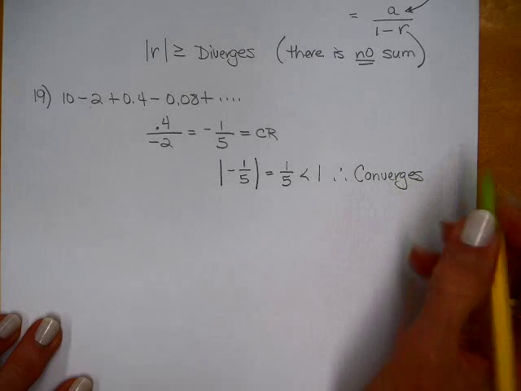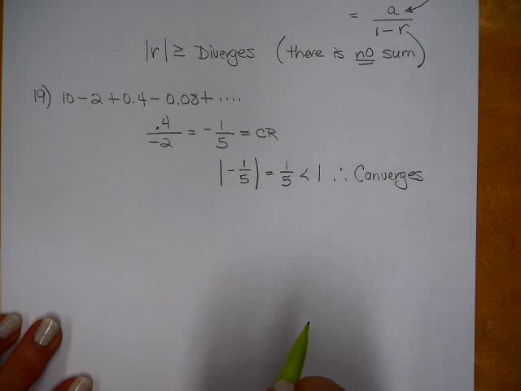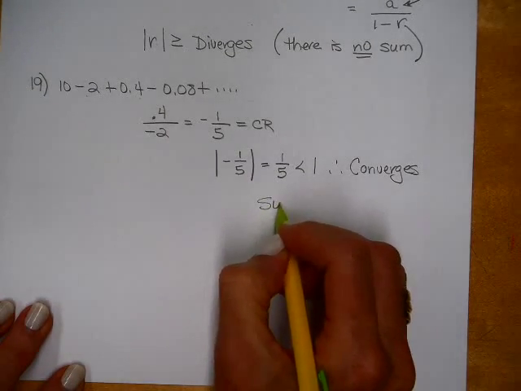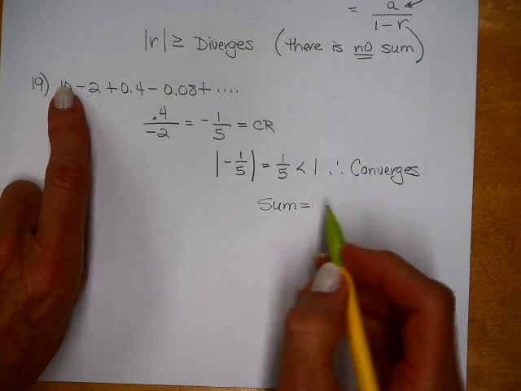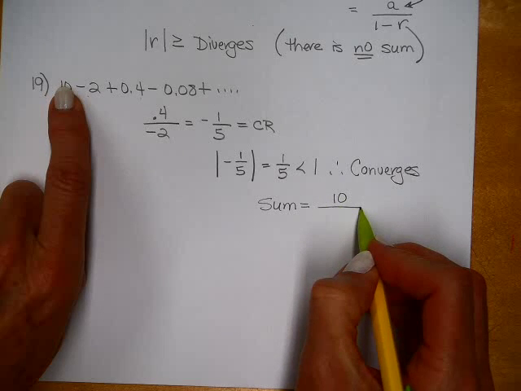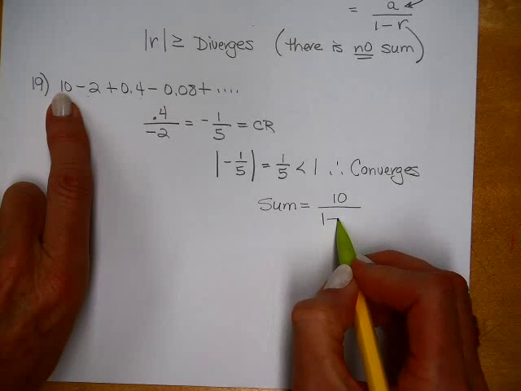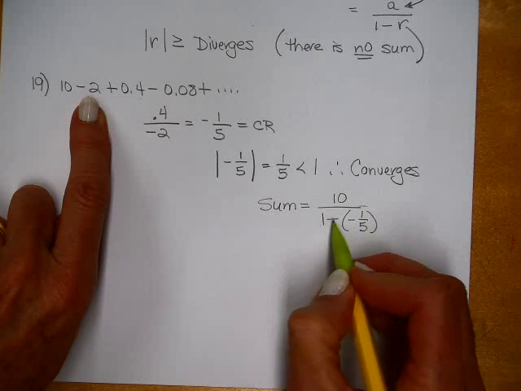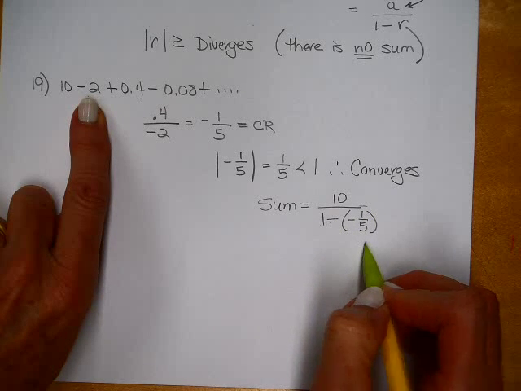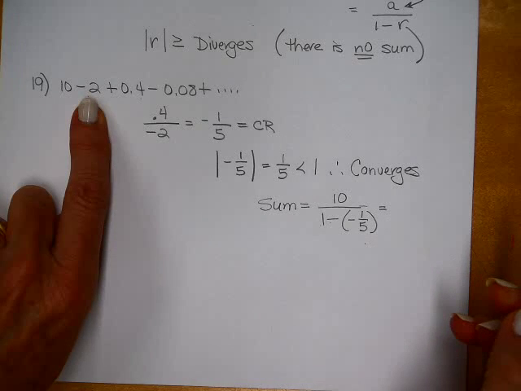And if it converges, it's got a sum. So the sum is the first term divided by 1 minus the common ratio. So it's 1 minus -1/5. So that's 1 plus 1/5.